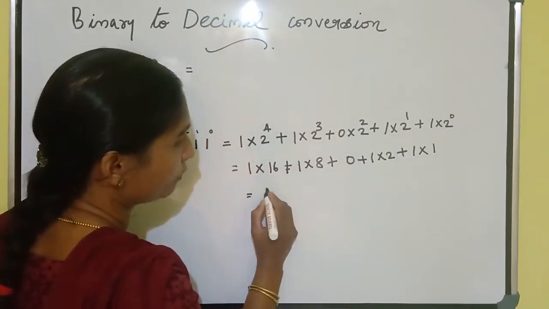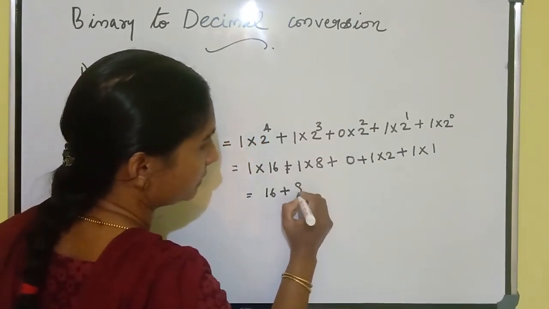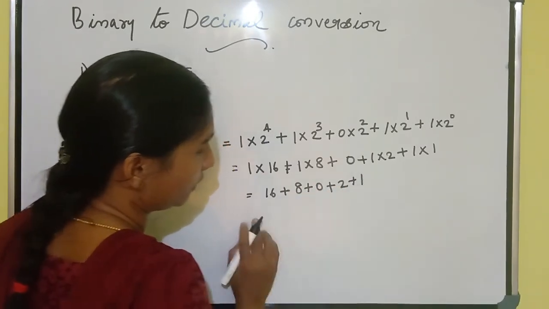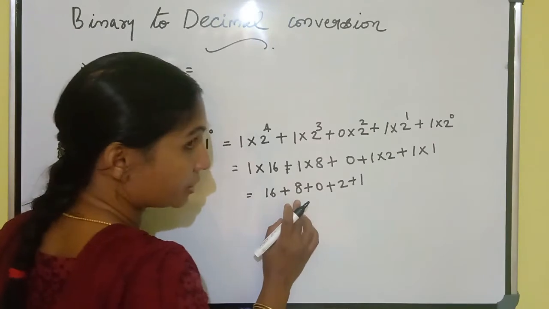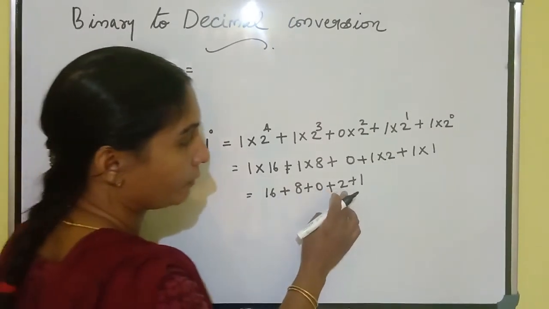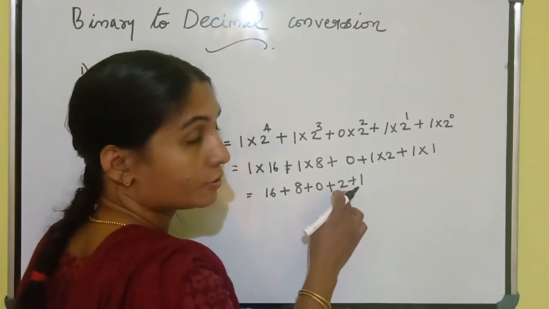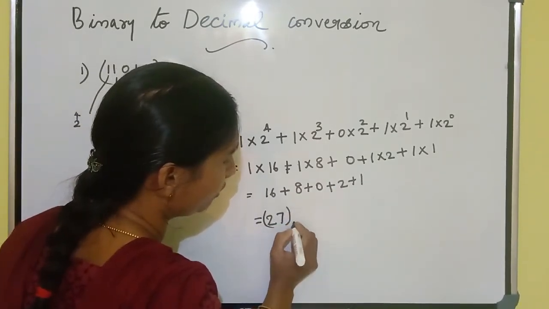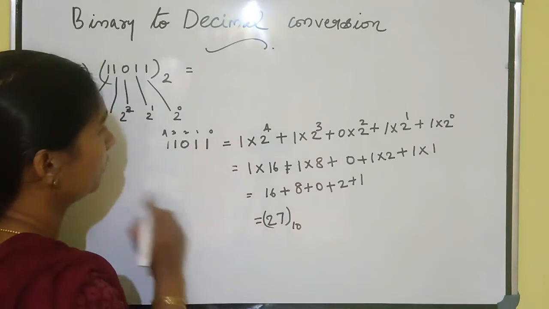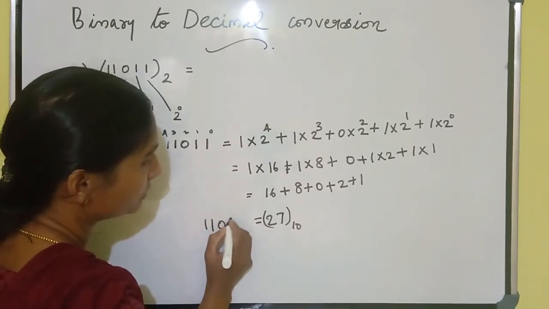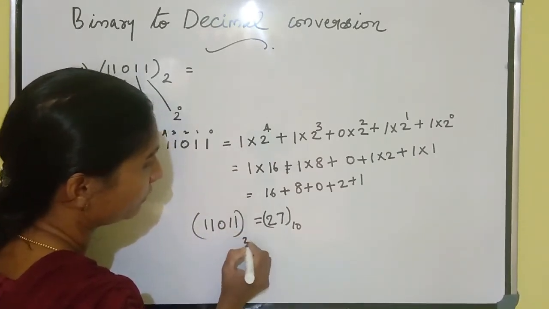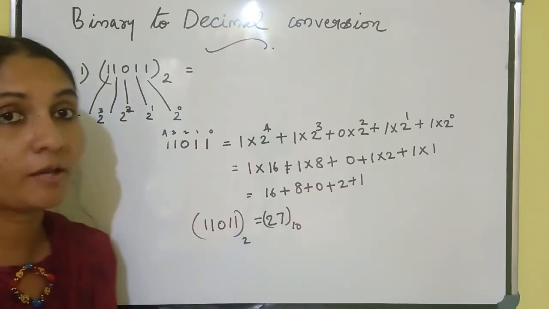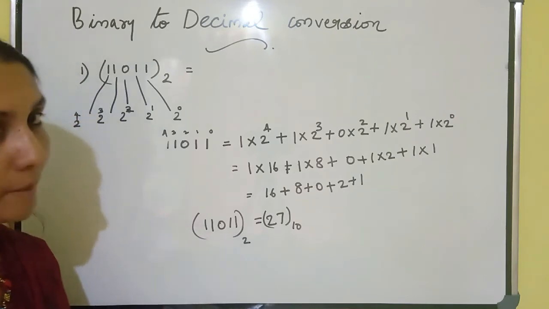That means 16 plus 8 plus 0 plus 2 plus 1. 16 plus 8 is 24, 24 plus 2 is 26, plus 1 is 27. That means 27 is the equivalent decimal number of the binary number 11011. Using this method, we can find the decimal equivalent of a binary number.